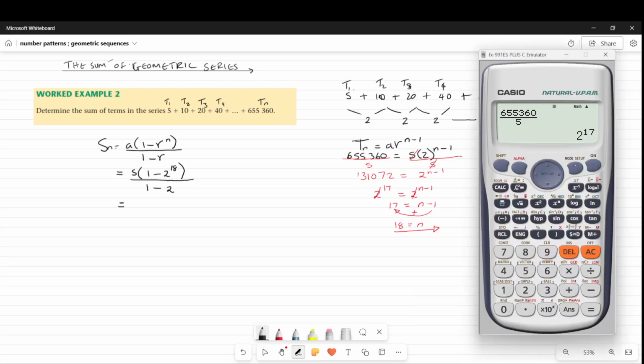Since we got that, I take a calculator and punch that in. Let's put that in fractions. 5, open bracket, 1 minus 2 to the power of 18, close bracket, over 1 minus 2. Let's close the bracket over here.